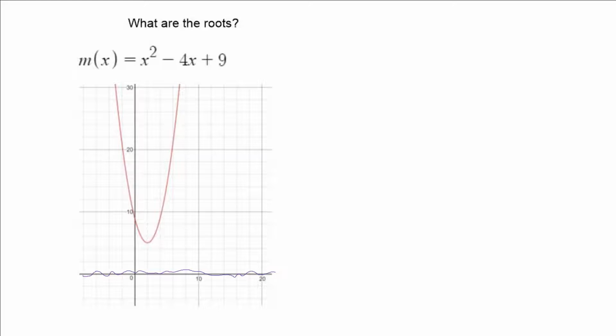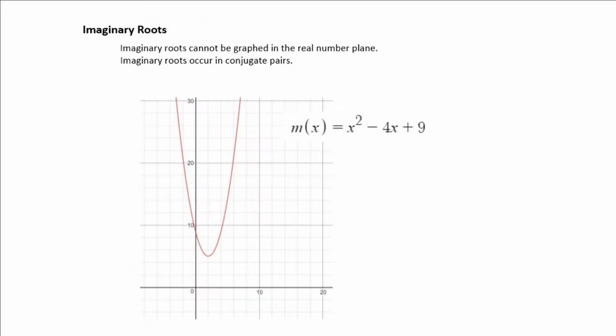The roots, therefore, if they're not real, must contain imaginary numbers. So the 2 roots we expect from the fundamental theorem of algebra have to be imaginary. What this tells us is that imaginary roots have to come in pairs, and also that they do not appear on the real number plane.